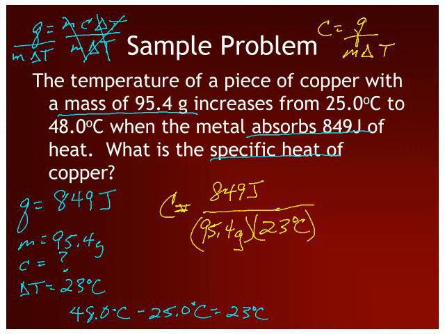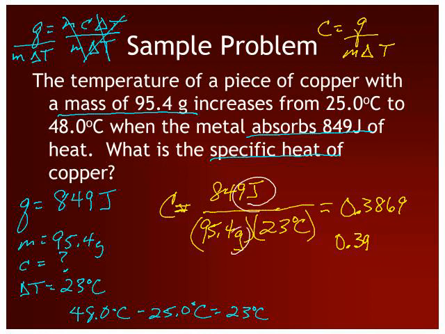Okay, and we take the 849, divide by 95.4, divide by 23, and you should get 0.3869, and some more numbers. But if we look back at that 23 degrees Celsius, we can only have two significant figures, so that becomes 0.39. And my units? Well, none of my units cancel out.